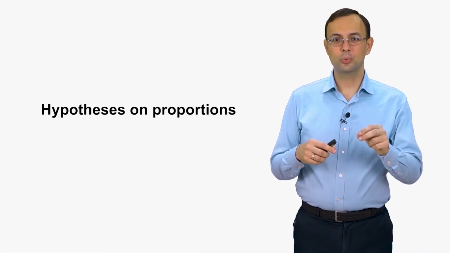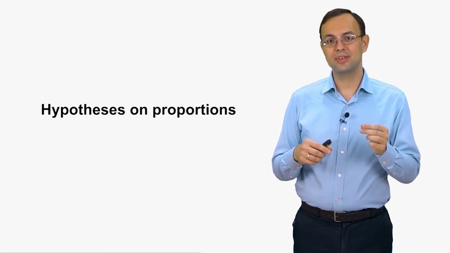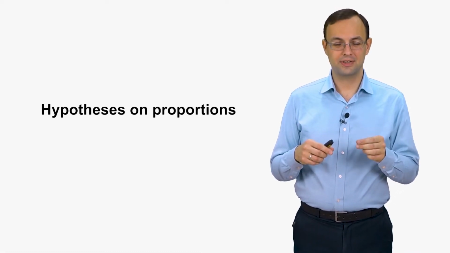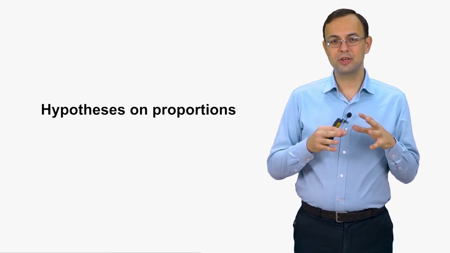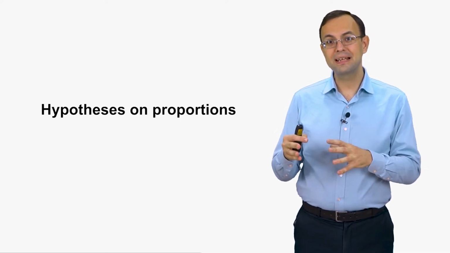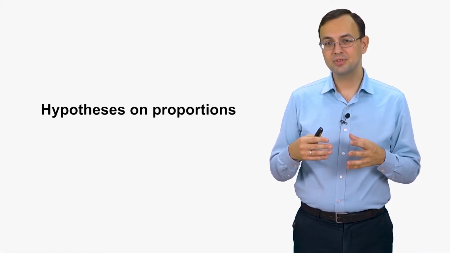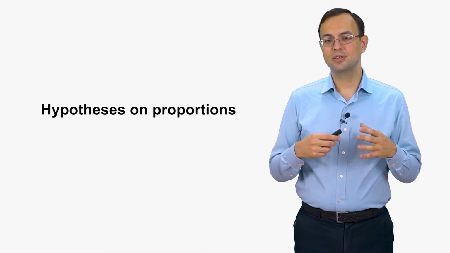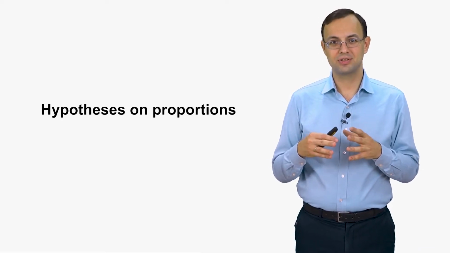Or we choose an item at random, and we are interested in the probability that this item is defective. So what we call a population proportion and what we call the probability of a random event is actually the same. Sometimes we say we are interested in a proportion, sometimes in a probability.